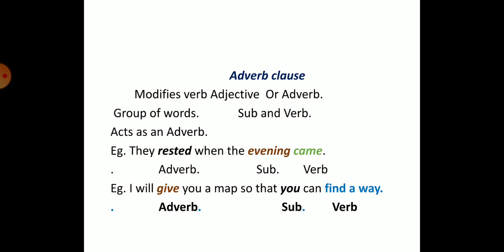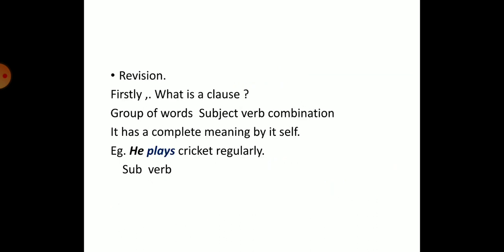Let's quickly revise what we learned today in this video. Firstly, we learned what is a clause. A clause is a group of words with a subject and verb combination and has a meaning by itself. Then we discussed two types of clauses, independent clause and dependent clause.